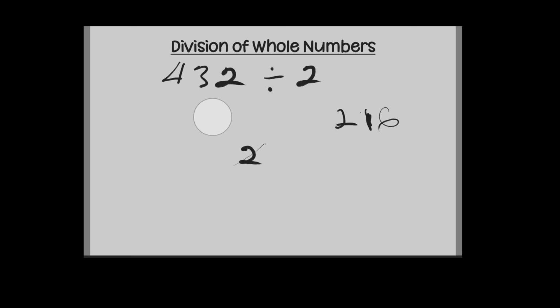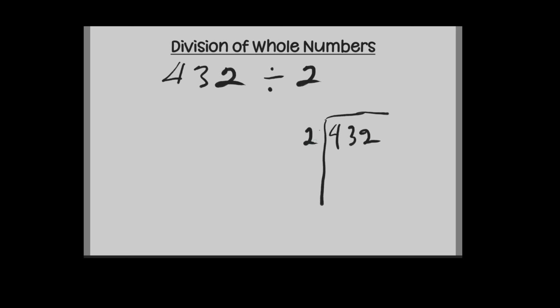So the simpler way to do that is you write 432, like I showed you earlier, and you write 2.